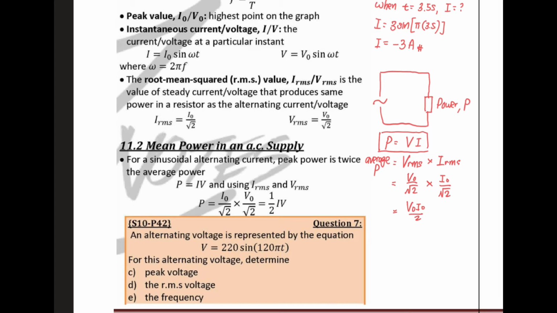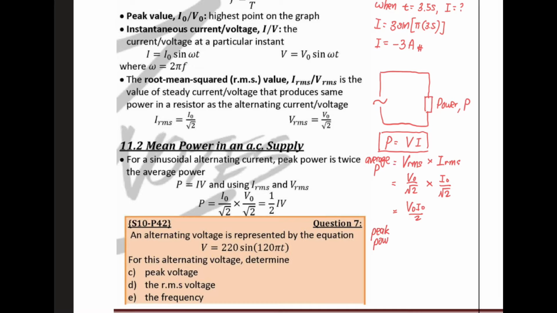Okay, now let's move on. 11.2, mean power in an alternating current supply. For a sinusoidal alternating current, peak power is twice the average power. So let's see what peak power is. Peak power is maximum power.